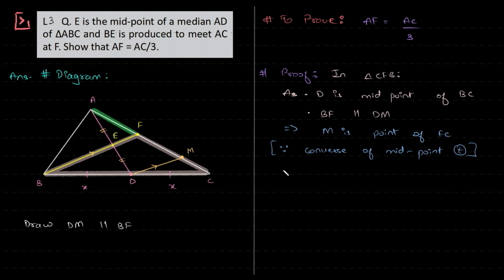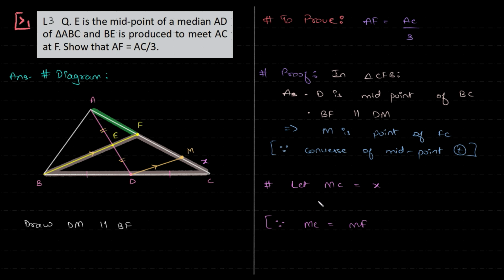Okay, and so if I call, let MC be equal to, say, X. So this is just like that I wrote. So this I'm calling it as X. Therefore MF will also be equal to X. Again, my diagram might not look like that, but it is so. This is because MC is equal to MF.